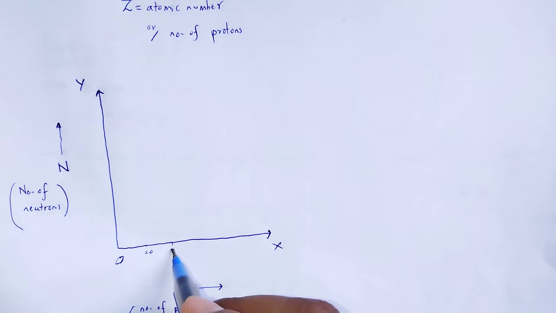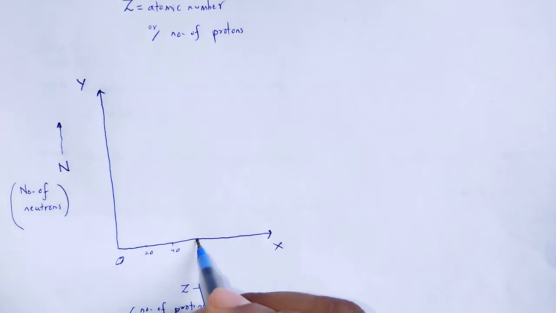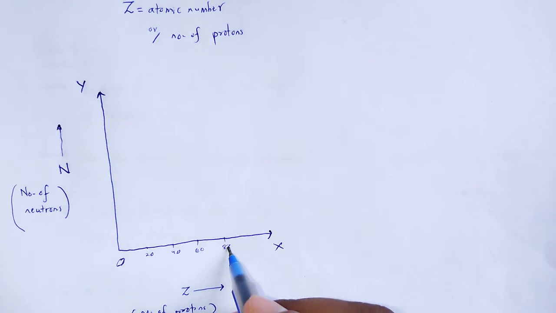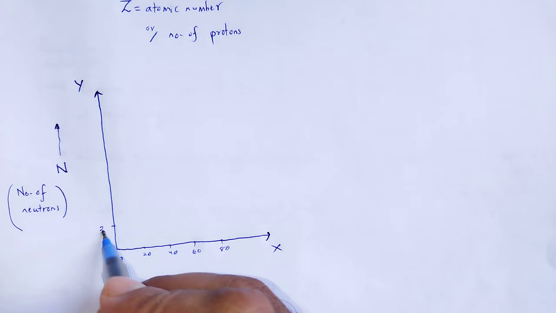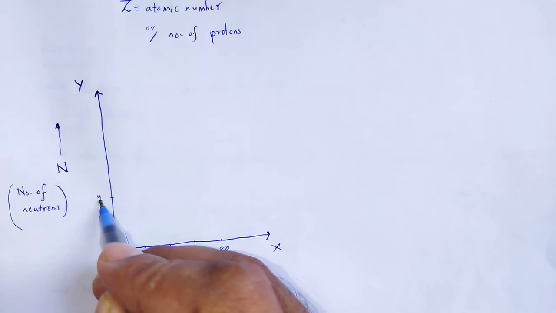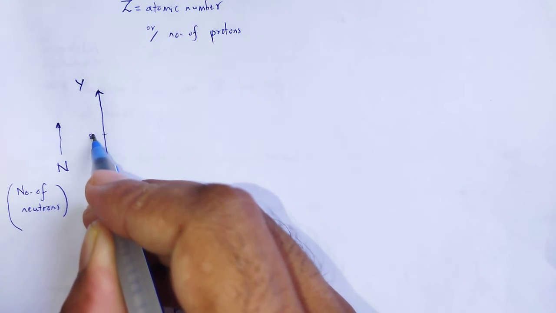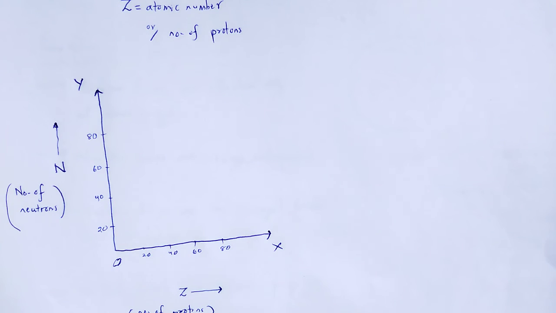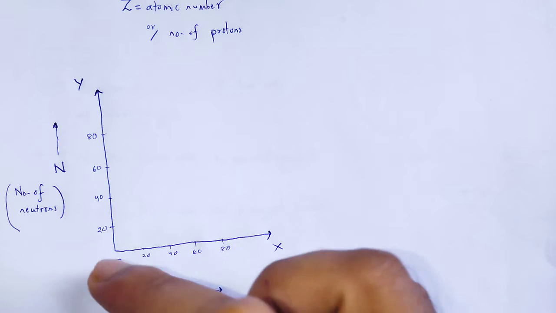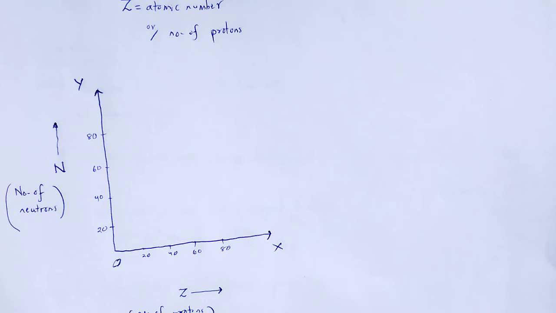20, 40, 60, 80 on both axes. These are the number of protons, meaning the atomic number. The atomic number is the same as the number of protons.